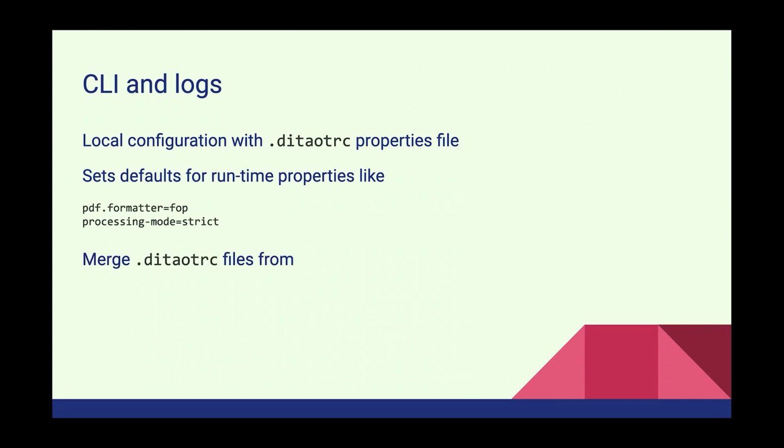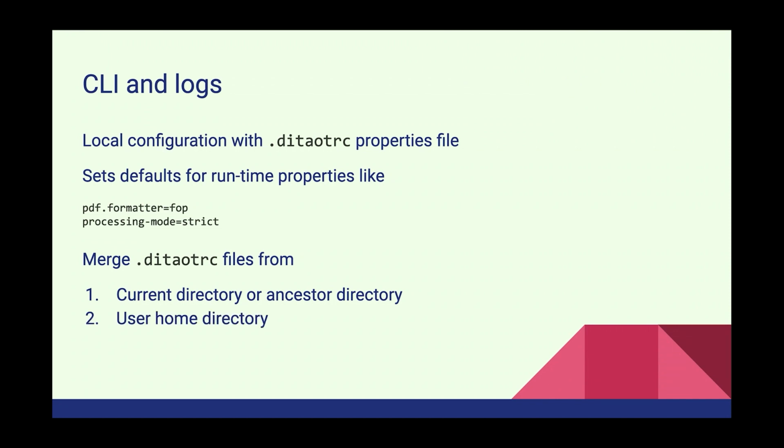You can specify these on multiple levels. So first it tries to find this file in your current directory. If there's no such file, it actually starts to go through your directory structure, just going towards the root. So if you, for example, have a project folder, and then you're somewhere deep inside in a directory underneath topics something, it will find that property file in the project root.